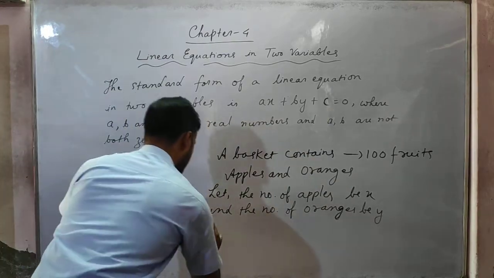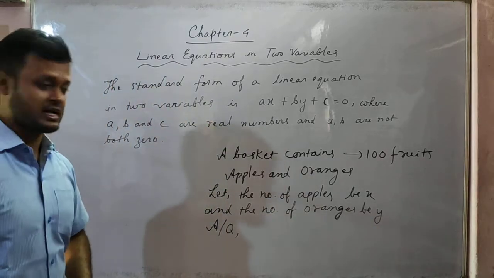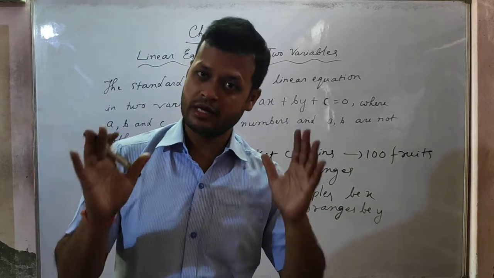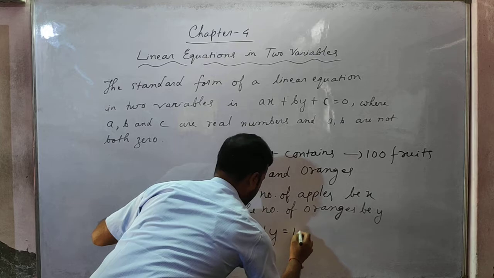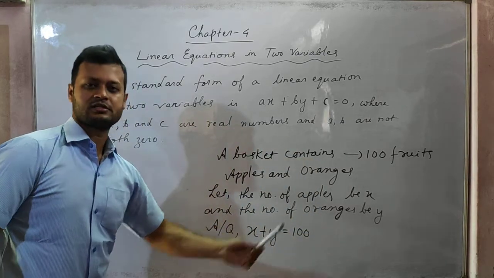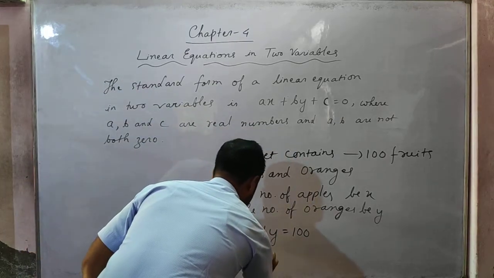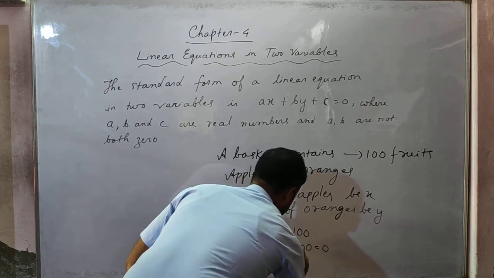Therefore, according to the question, what is the total number of fruits in the basket? 100. In the basket there are only apples and oranges, so x plus y will become equal to 100. See, linear equation in two variables. If you bring this 100 to the left hand side, x plus y minus 100 is equal to 0.